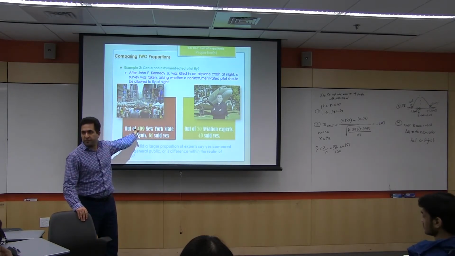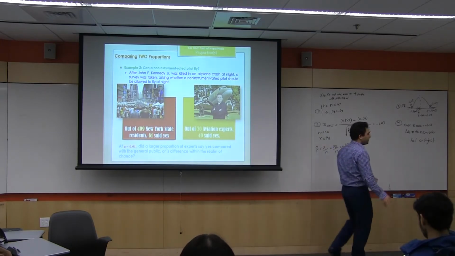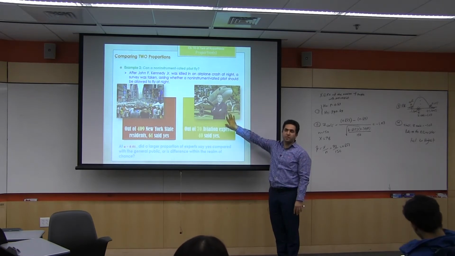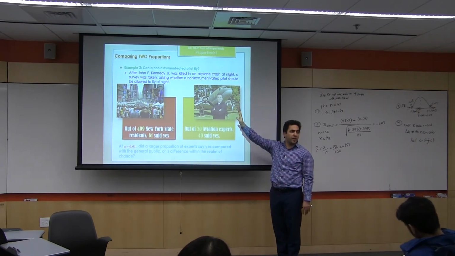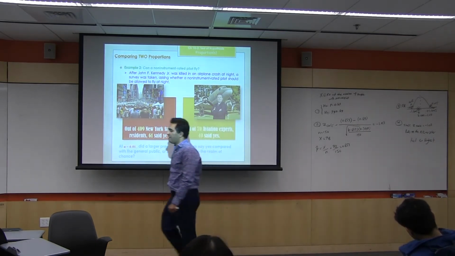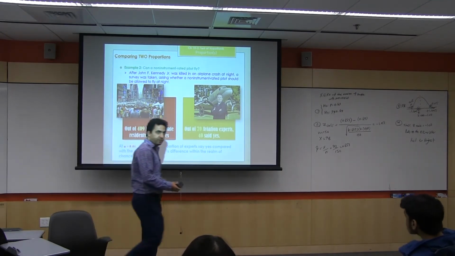So please follow me for defining the random variables because we want to be consistent. I'm going to call x1 the number of experts who said yes, x2 the number of New York City residents who said yes. That way we're all going to have the same x1 and x2, and it's going to be less confusing for all of us.